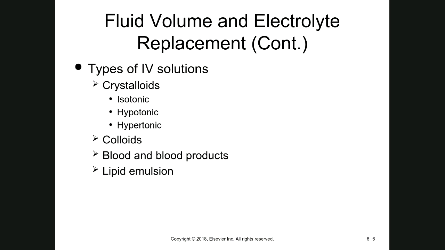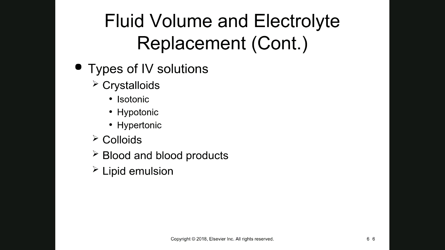Now, the isotonic solutions have the same approximate osmolarity as your plasma. They're primarily used for hydration and to expand the fluid volume. With your hypotonic solutions, they have less osmotic pressure, which moves water into the cell.